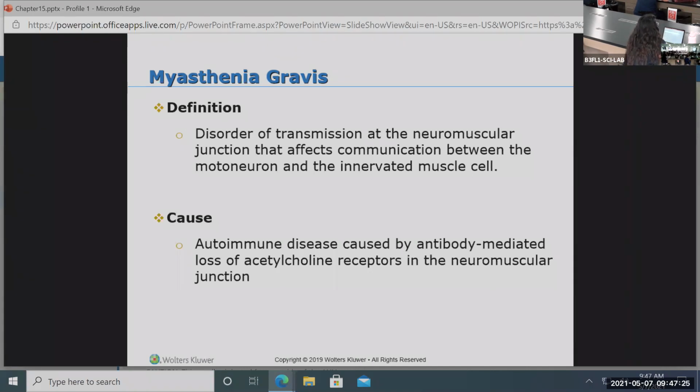The common cause of myasthenia gravis is autoimmune disease. During this autoimmune condition, antibodies sit on the receptors for acetylcholine, so acetylcholine doesn't have a place to sit. And that's why we have myasthenia gravis.